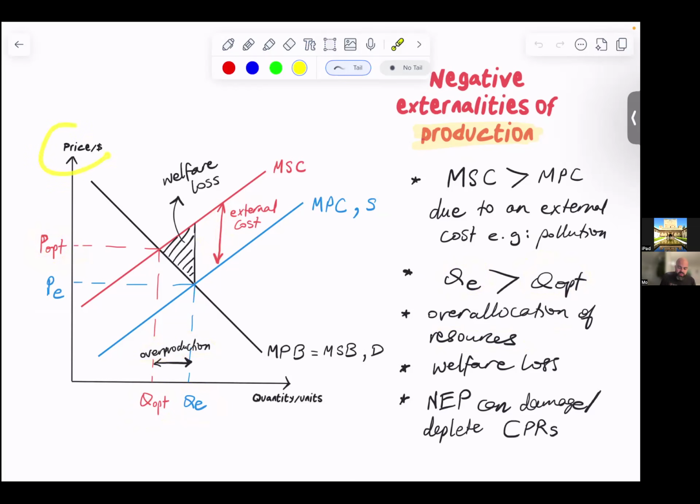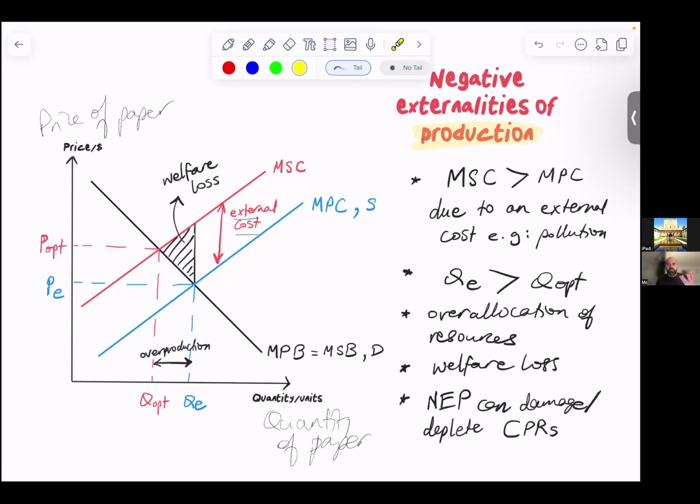So if you imagine this is the market for paper, with price of paper and quantity of paper, there's an overproduction of paper, and the external cost is the deforestation that's associated, cutting down trees and the damage to the world's forests that is occurring. And remember, forests are a common pool resource. They are non-excludable, but they are rivalrous.